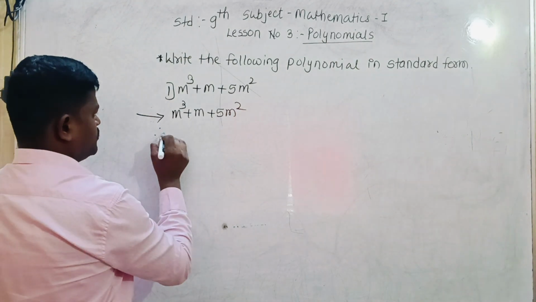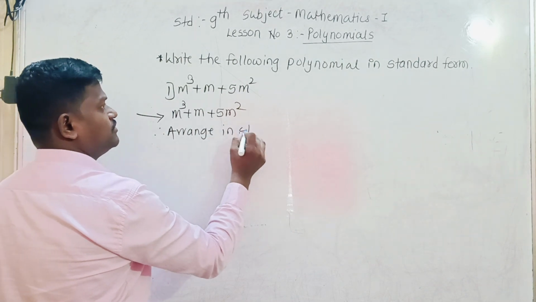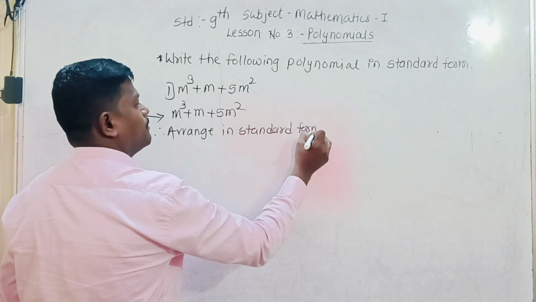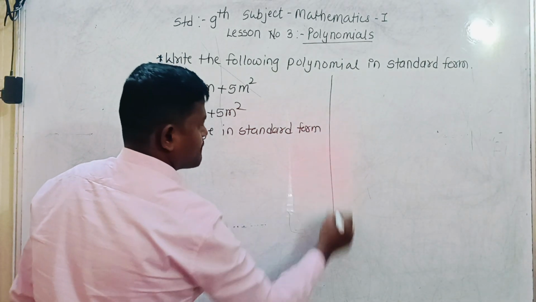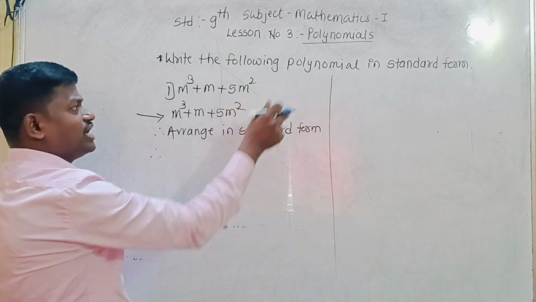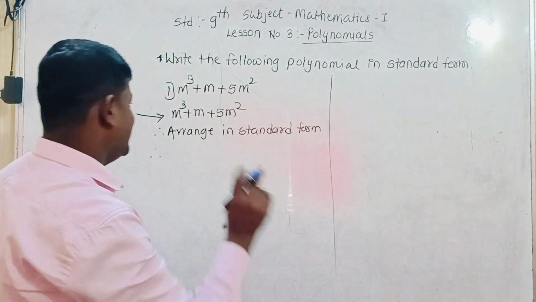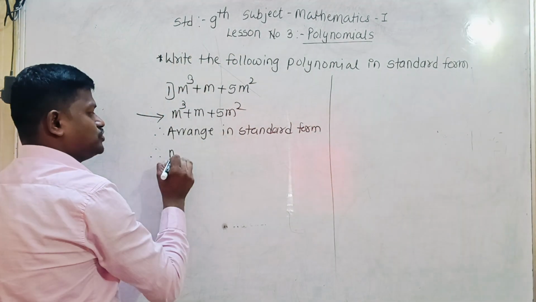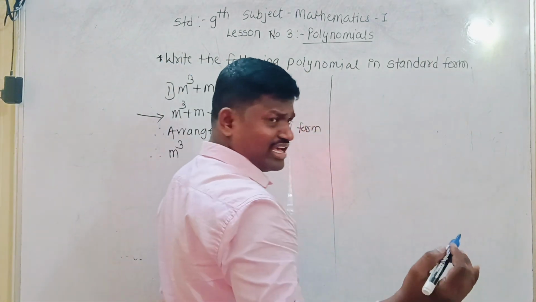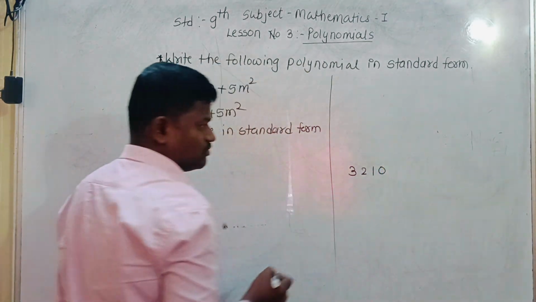Then arrange in standard form. So check out the highest power or highest index. The highest index is m cube, so write that down first. Arrange in serial order. After 3 we have 2, then 1, then 0.